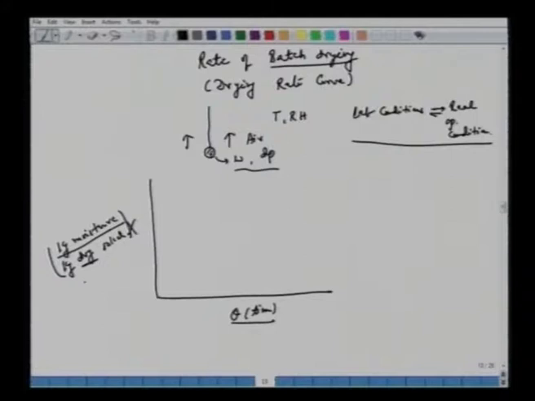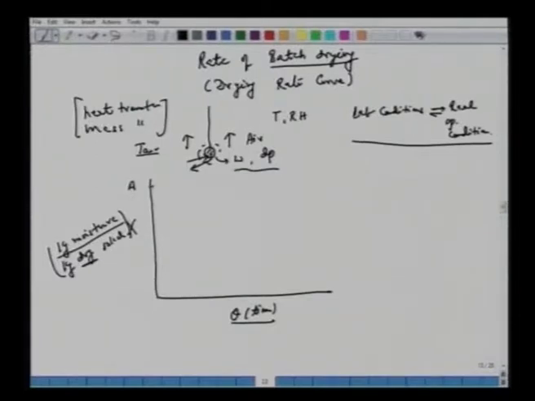So we have both heat transfer and mass transfer. To a certain degree heat is transported to the solid and mass, which is moisture, is getting out of this solid. Now if you do this experiment, you will expect that to begin with, if the solid is cold and the temperature of the air is very large, hot air, there will be some initial adjustment time.